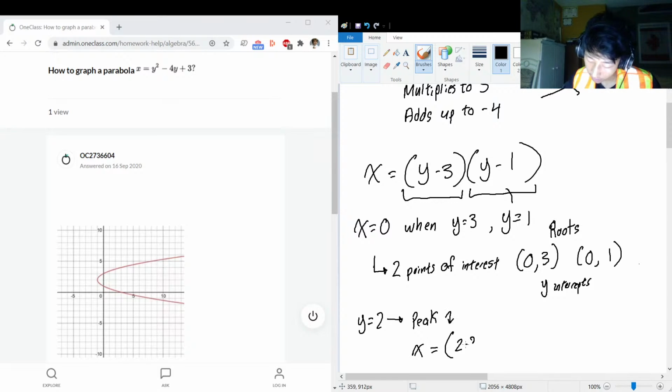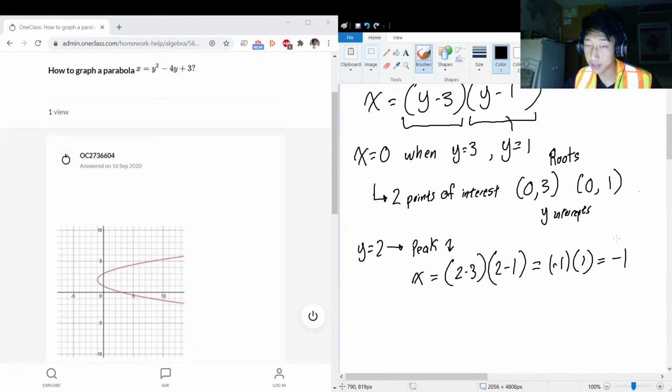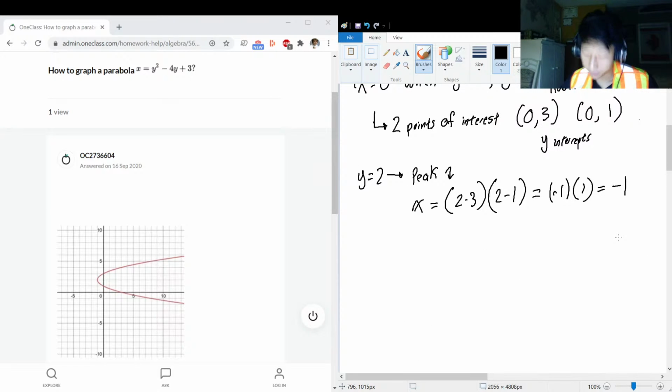We'll have 2 minus 3, multiplied by 2 minus 1. Quick math: 2 minus 3 is negative 1, and 2 minus 1 is 1. x is equal to negative 1. So that's another point of interest. This is the peak, sometimes also known as the critical point.